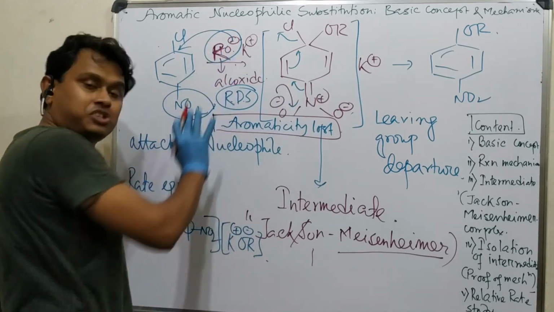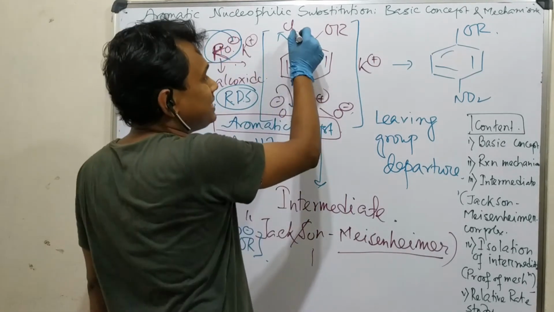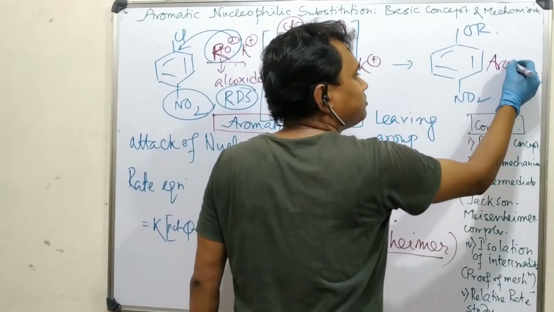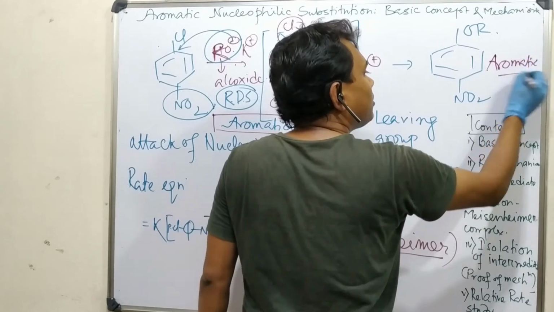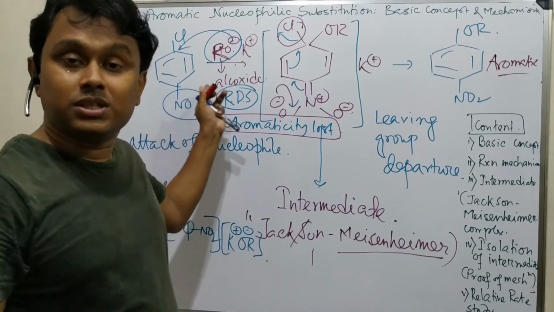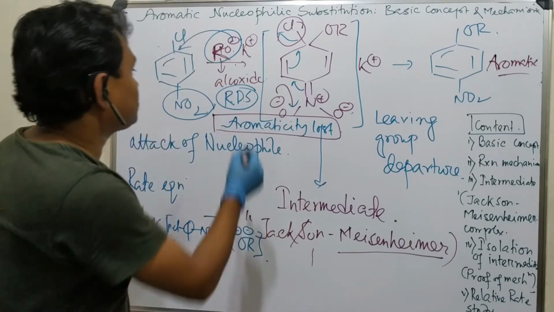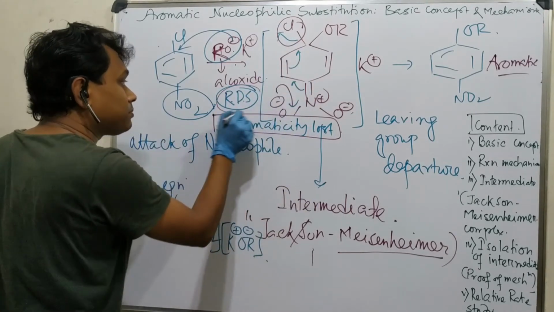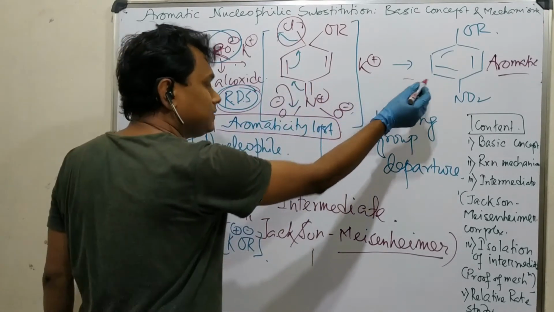I am saying it is difficult, but why is this one easy? Because here a leaving group is going out and producing an aromatic molecule again. So this process is faster and easier. That's why this is the RD step, and this is relatively faster.